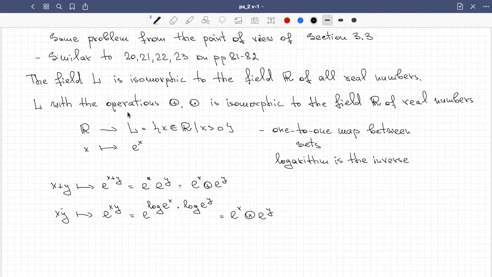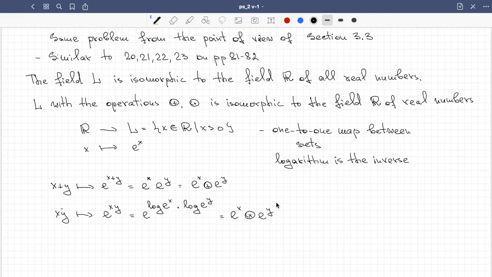With that, we got L in one-to-one correspondence with real numbers. And the structures, addition and multiplication operations on L, come just from the corresponding operations on real numbers. So we simply relabeled and looked at how the operations look with this relabeling. Instead of x, we write e to the x, and look how the addition x plus y looks. This is how it looks.